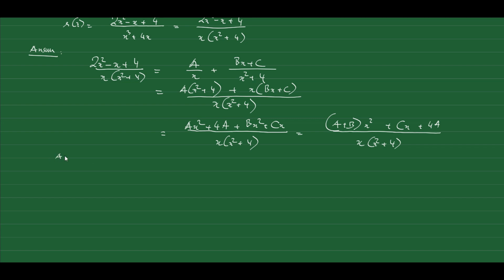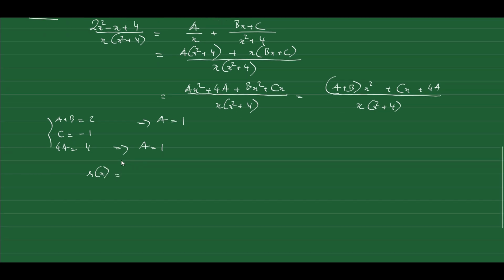So you're gonna have a plus b equal 2, c equal negative 1, and 4a equal 4. So a equal 1, and from here you got b equal 1 also. Then at the end, my rational expression will be split up as follows, because a equal 1 and b also equal 1.